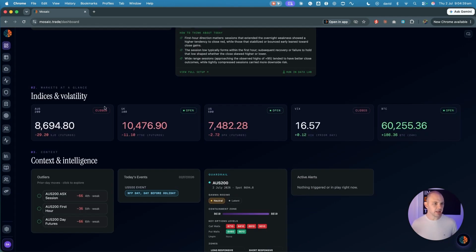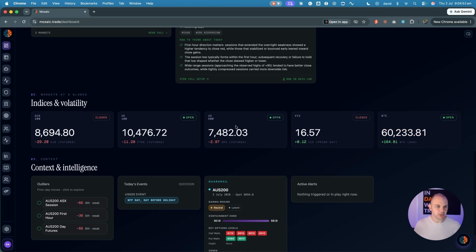What else we got here? Markets at a glance. So this is essentially the 5 major products that are on the platform and that I personally trade. We've got the Aussie 200, UK 100, the US 500, the VIX, and the Bitcoin. So it's showing you the delta as opposed to the anchor there, which is the physical market.